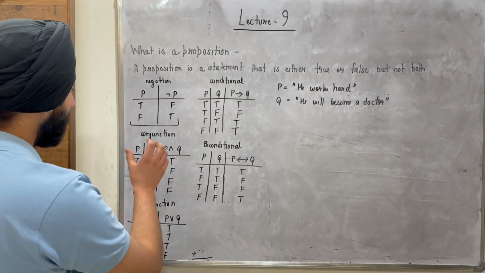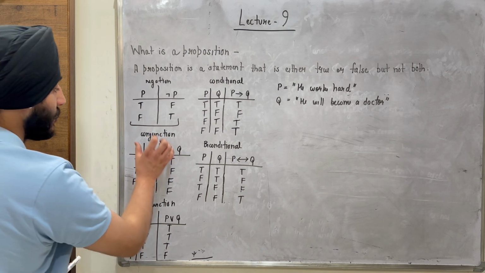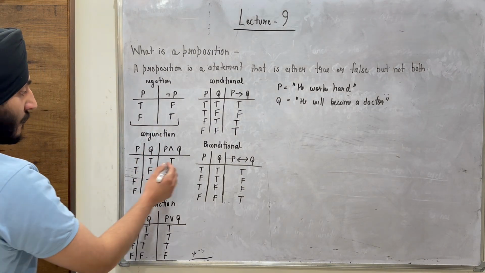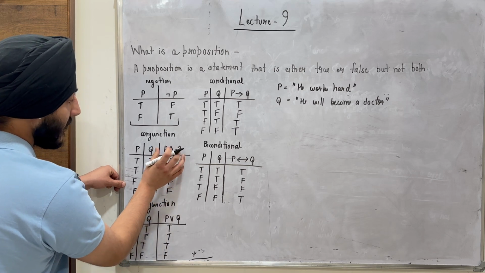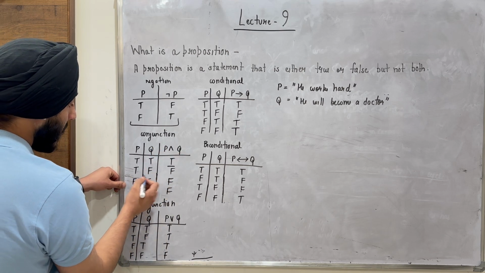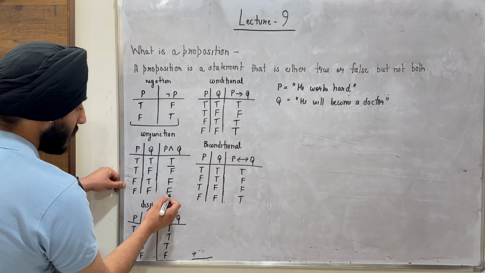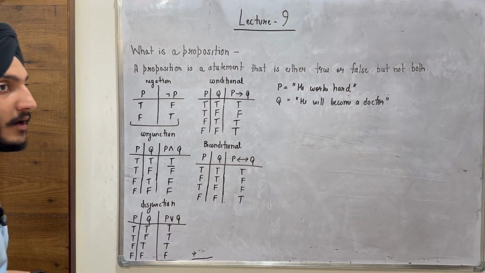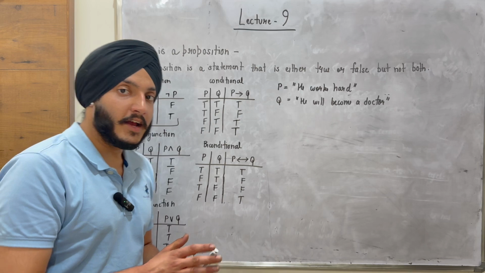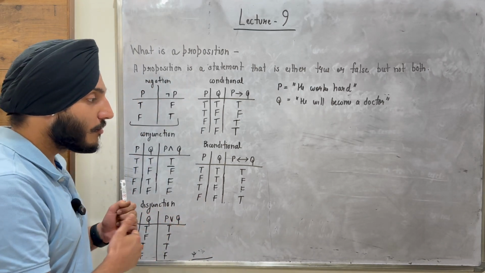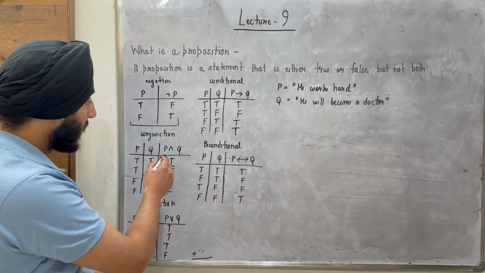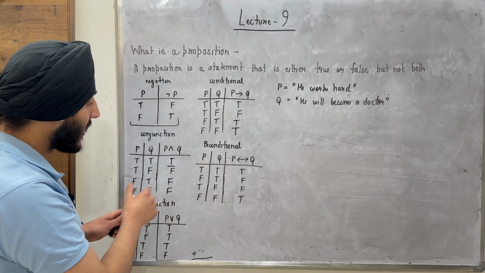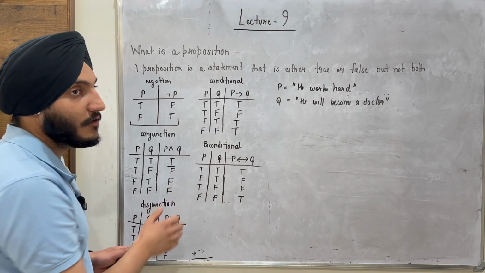Okay. So moving on, let's try to understand the conjunction. Now, if you take a look at this truth table, when both the conditions are true, then this entire conjunction is true. But in all the other cases, this conjunction is actually false, right? Why is this the case? Just like I said, in conjunction, I want all the conditions to be true, right? Over here, P is true and Q is true, and that is the only case where the entire condition is true.